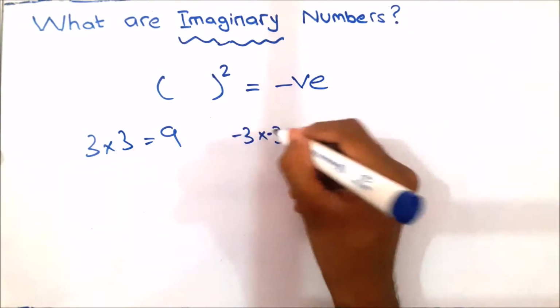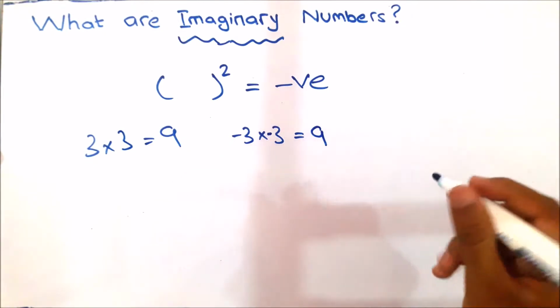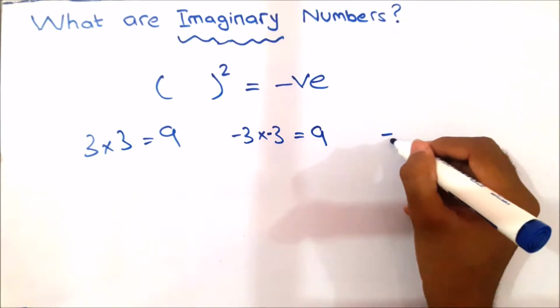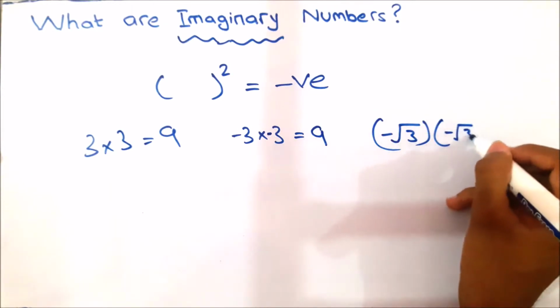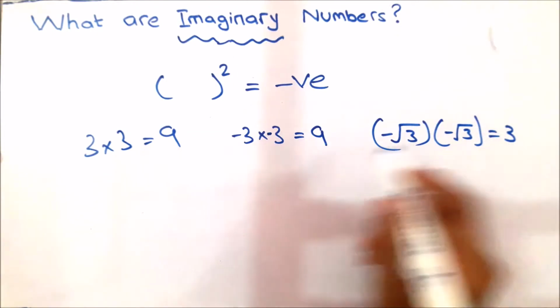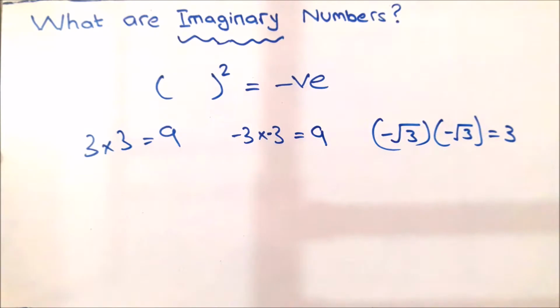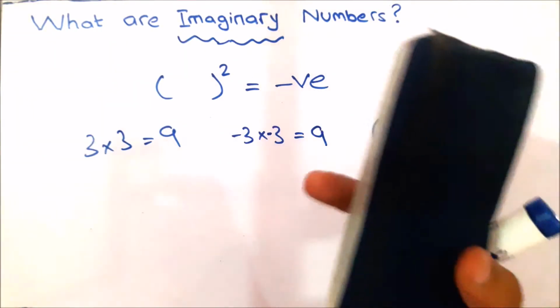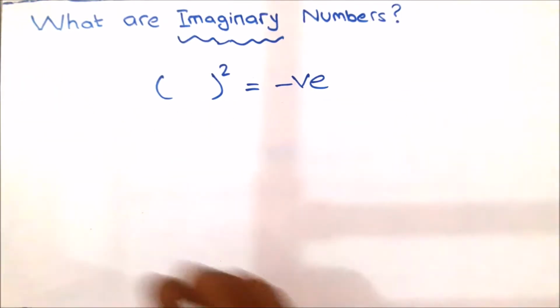If you multiply minus 3 times minus 3, we get 9 again, positive 9. Or we multiply under root 3 with minus under root 3, we still get 3. In all these cases we get positive numbers. Then what's the case which gives us a negative number? Let's leave it over here and move on to the quadratic equation.